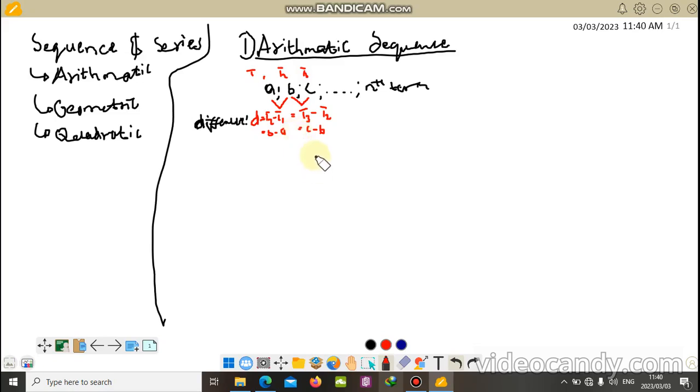Let's look at a practical example. So guys, look at something in a sequence. If they say what is term 1, term 1 is just A, right? So this tells us that term 1 equals A, and A is the first term. So T1 equals A because of that, right?